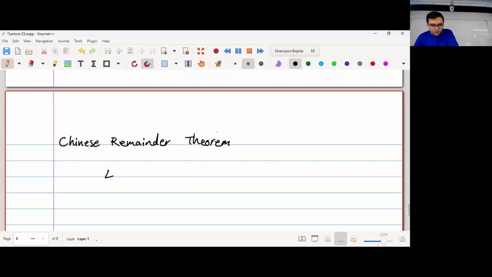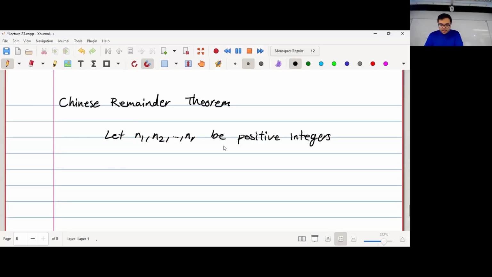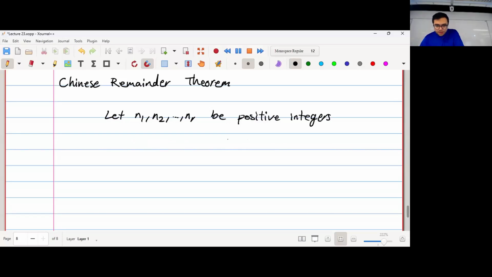So I'm going to say let N1, N2 to NR be positive integers, and suppose that every pair of them is relatively prime, such that for every i not equal to j, ni and nj are relatively prime. Okay. And then consider the system of linear congruences.